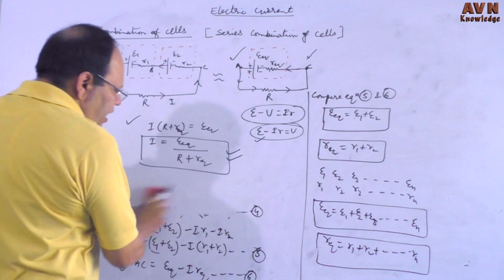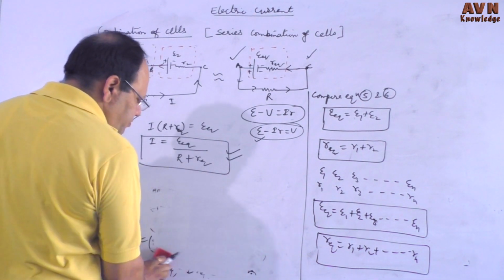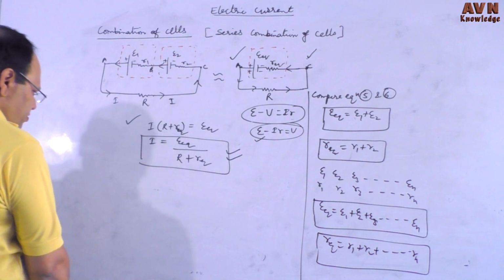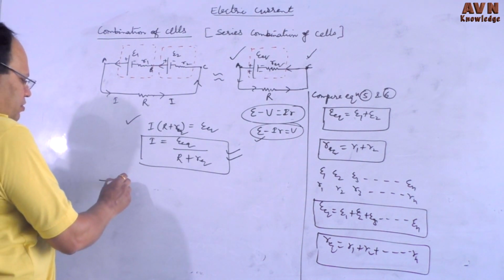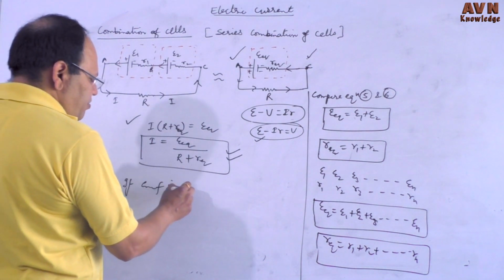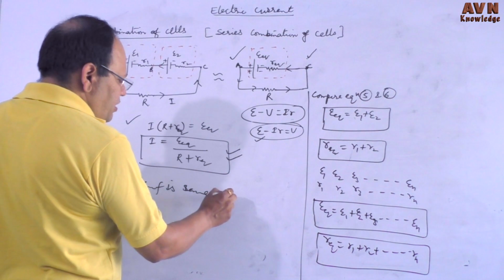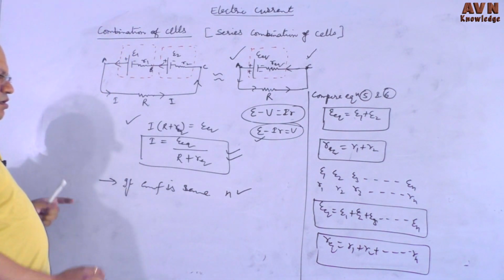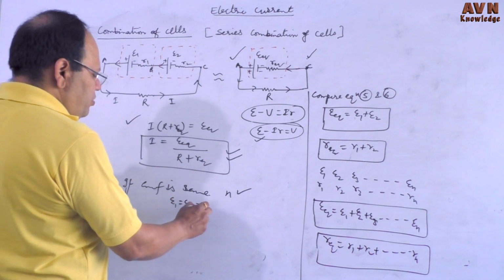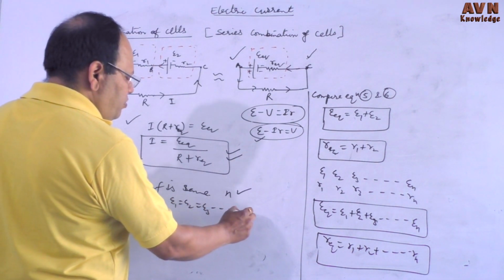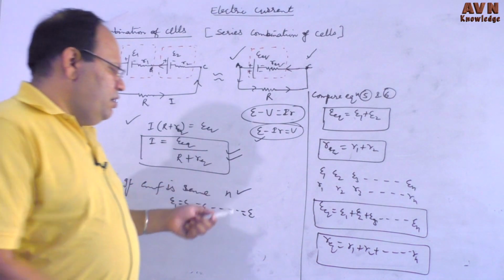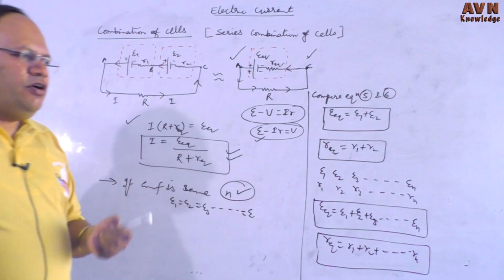Here there are N number of cells with the same EMF. EMF is the same means E1 equals E2 equals E3 equals E, and the number of cells is N. Then what is the E equivalent?